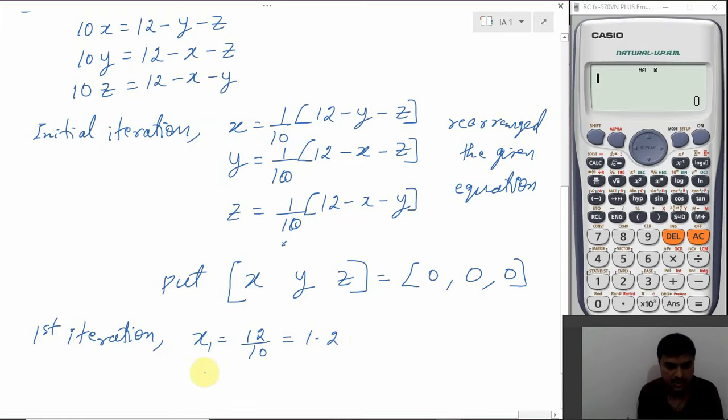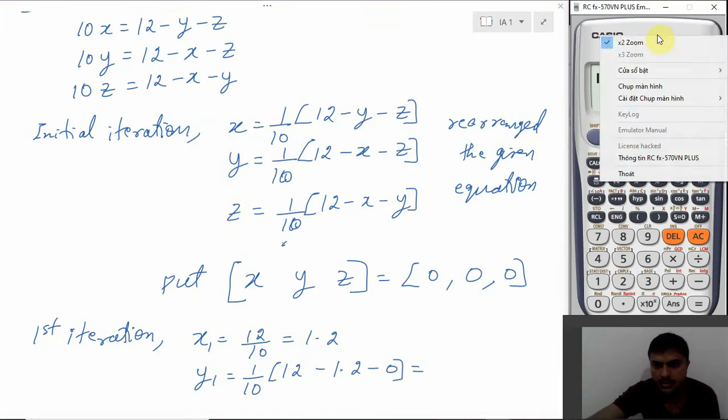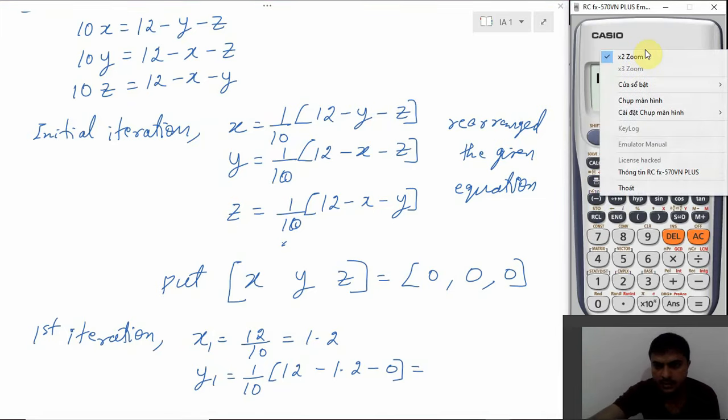Next, y1 is equal to 1 divided by 10. Then next, just remember here I cannot take 0 for x, it is already given, so just substitute 1.2 for x, minus z I don't know, so the initial value I am going to take is 0. Just substitute in the calculator. If you want, I will put it in the calculator.